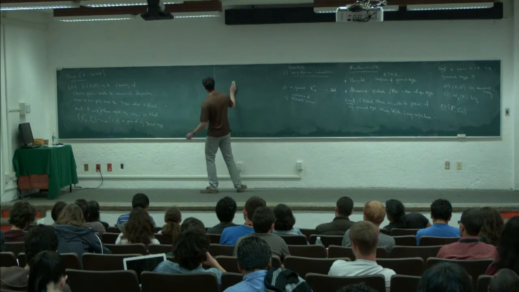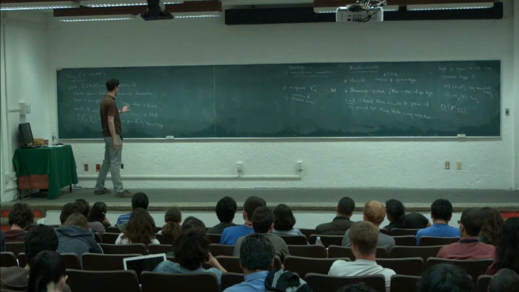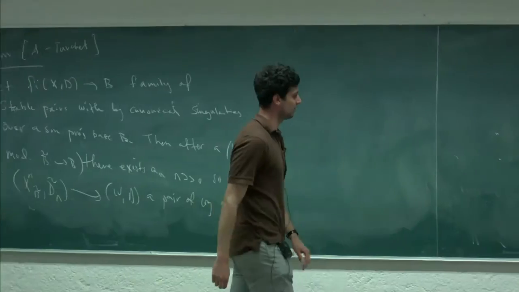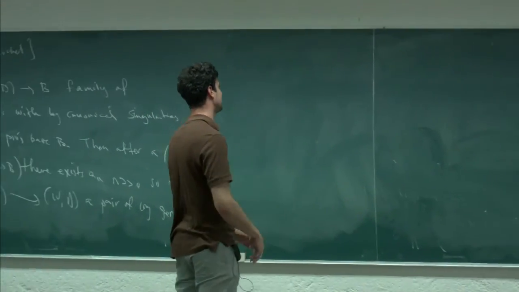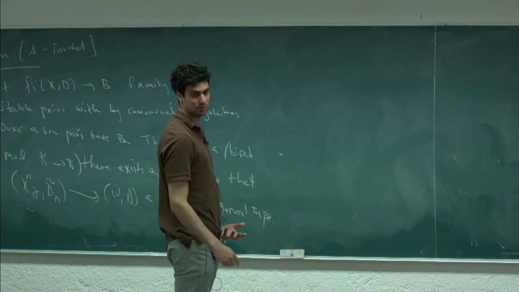Let me now state some preliminaries. This has appeared on the archive. The uniformity results have not yet appeared, but let me give you an idea of the sorts of things that we could prove.